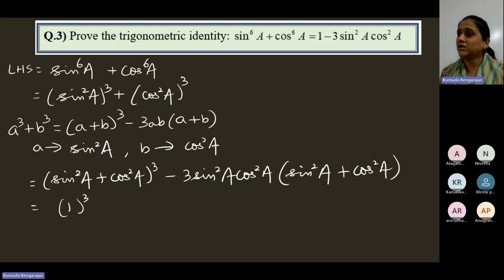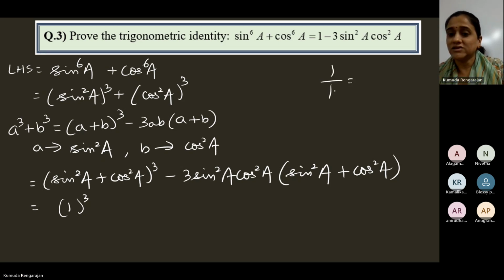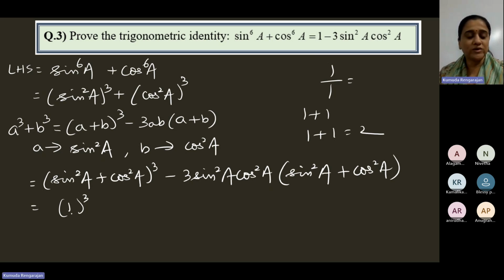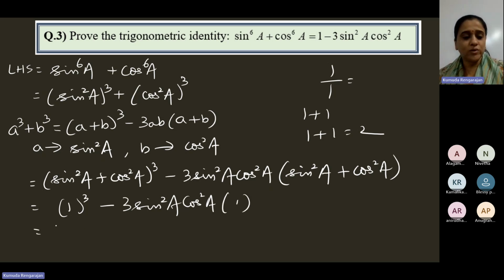If it is 1 by 1, it is 1 only, but 1 plus 1 is going to be 2. So don't ignore writing 1 here, you'll have to write 1 the whole cube minus 3 sine square A cos square A into 1, right? So this is 1 minus 3 sine square A cos square A, which is the RHS.